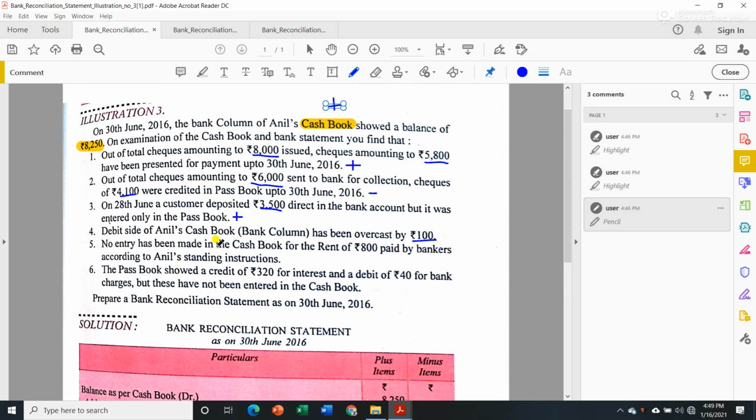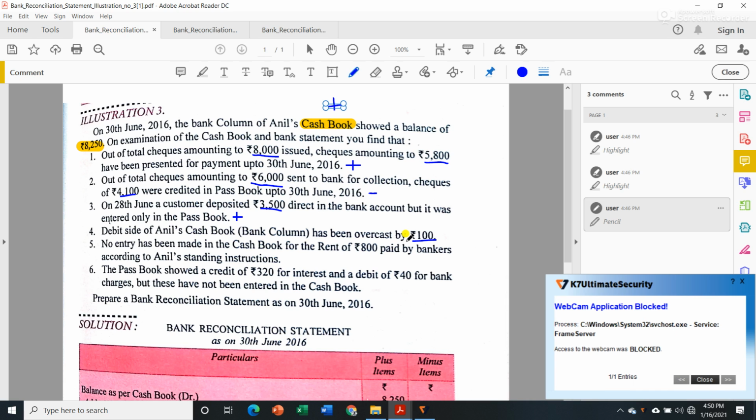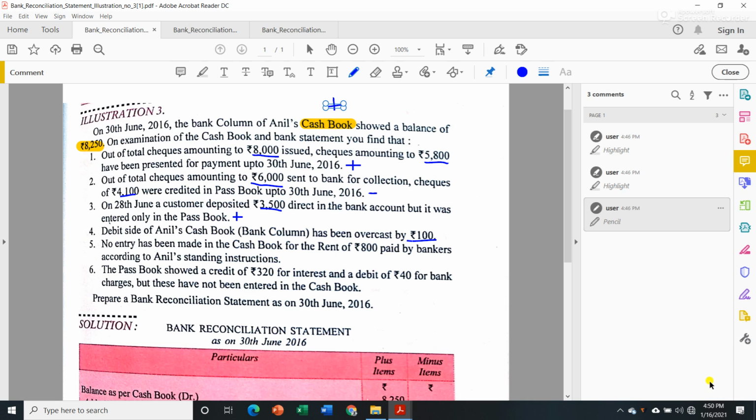Now see, debit side of Anil's cash book or bank column has been overcast, means in Anil's cash book debit side was showing 100 more.